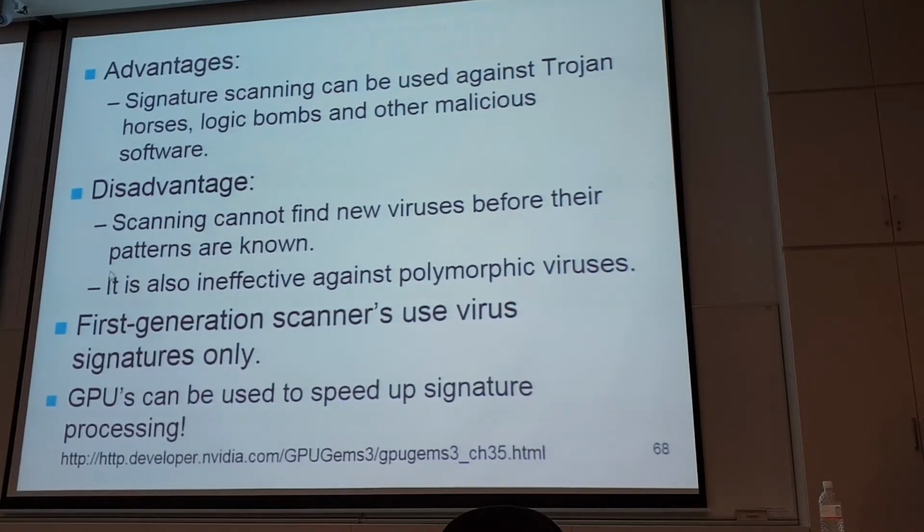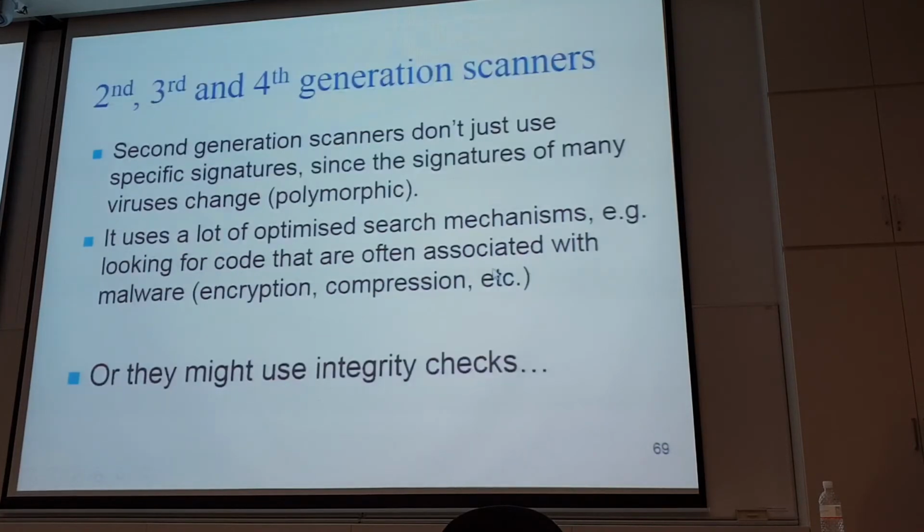If we have an encrypted virus or polymorphic virus, then this kind of scanning will fail. In later generations, we use other techniques. For example, the second generation will not just detect the signature of the virus, but also some code associated with this virus. For example, if you use a decryption virus, then you can detect whether there is decryption code within the file or not.